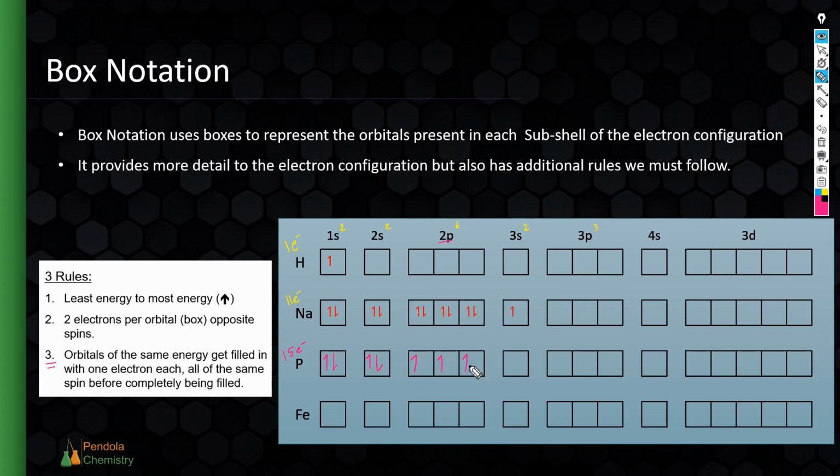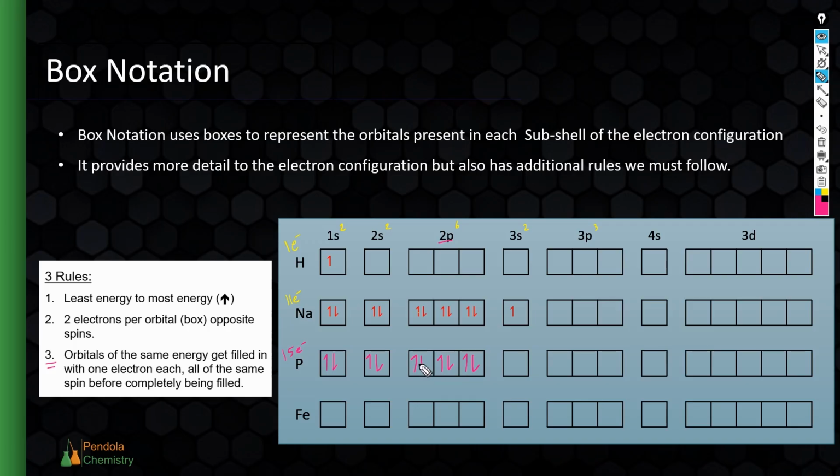We're going to give them each one electron, all facing the same way, before we go back and we say 4, 5, 6. So we're going to put one in each before we start pairing them up. Because all of these orbitals have the same energy, and so the electrons don't pick and choose where they want to go. They have to evenly be distributed.